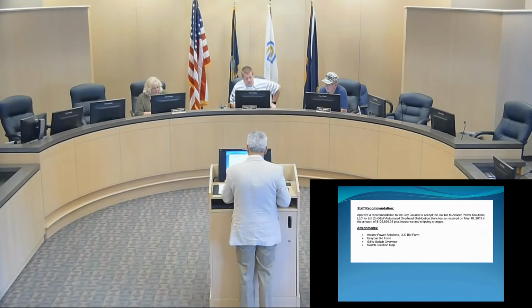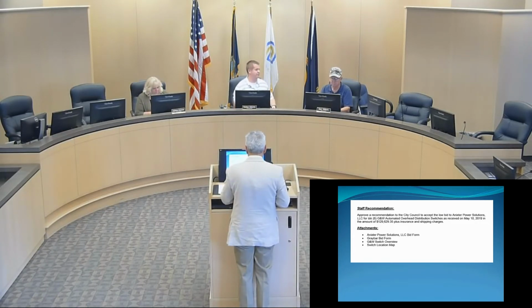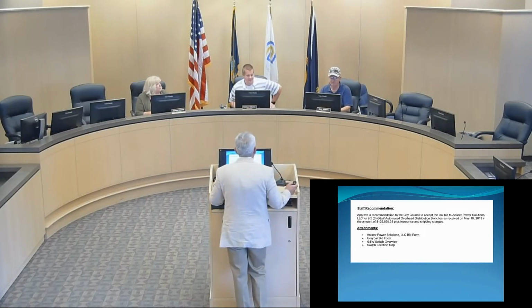There was a motion made by Williams, seconded by Coleman, to approve a recommendation to the city council to accept the low bid as just for the 6 G&W automated switches. That's right. $129,629.35 plus insurance and shipping.